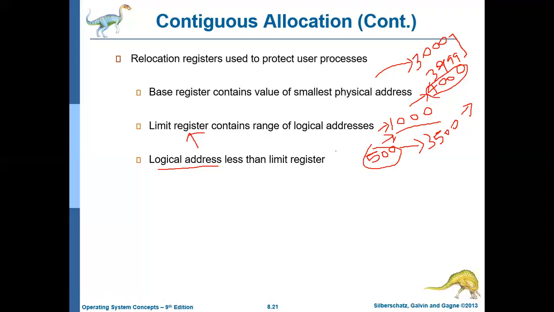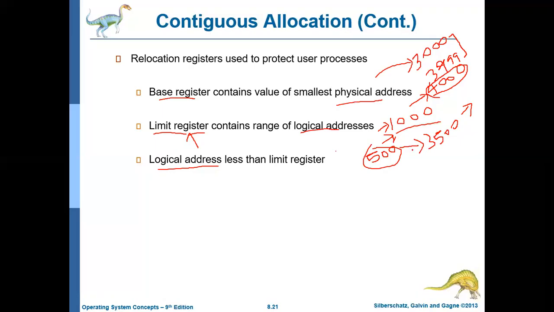So this is how the concept of logical and physical address works. Whatever is stored in the base register will always be a physical address. Whatever is stored in the limit register will always be a logical or relative address. The CPU initially creates a logical address, and that is compared with the limit register to ensure that the value produced by the CPU is less than the limit register.